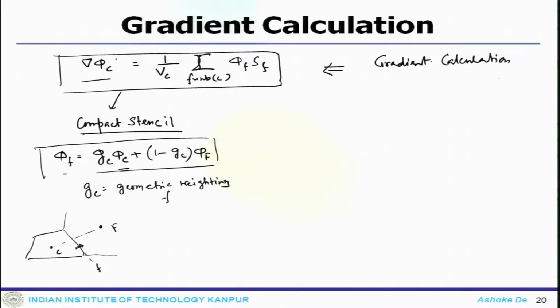How to calculate this surface flux phi f or the corrected flux and the Gc, there are different options. We have discussed three options: option 1, option 2 and option 3. That is what we have essentially done till the last class.